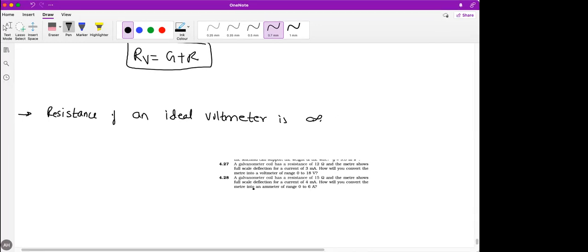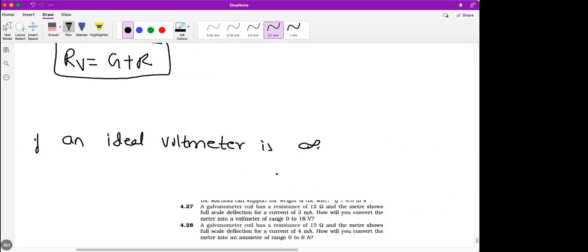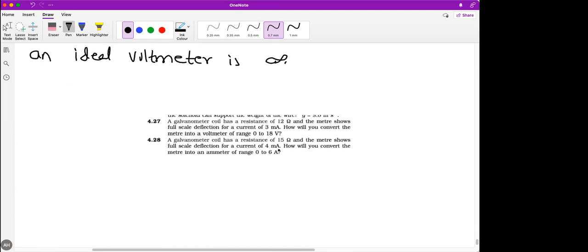Solve the first numerical, 4.27. Is it visible? Yes, sir. Solve 4.27. It's a straight formula based thing.